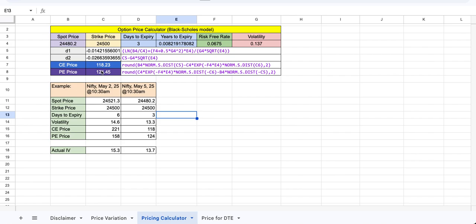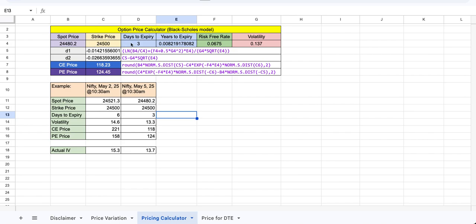What we see in the colored row on top are the key variables. They are the spot price, as you remember from the first discussion, which is where the underlying is, that means the Nifty, which is the underlying in our case. Strike price is the option price in which we are interested.